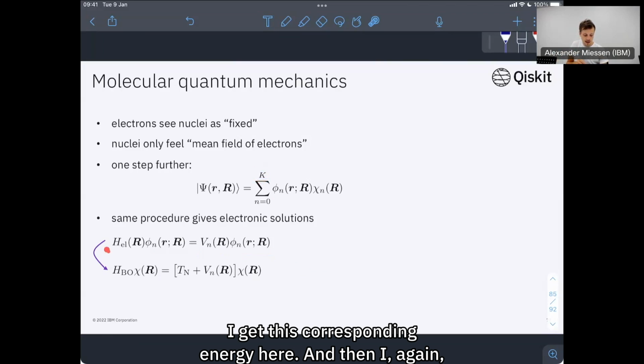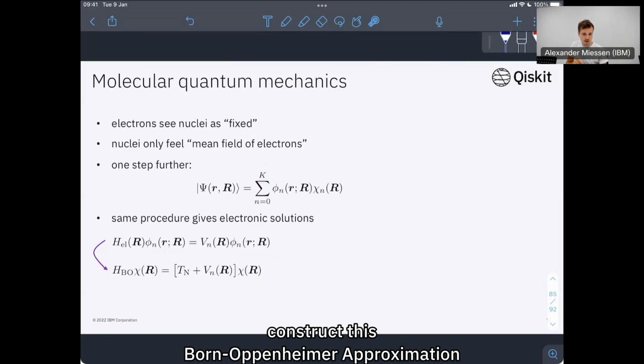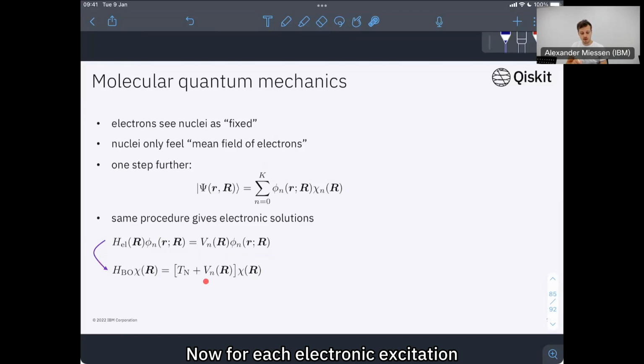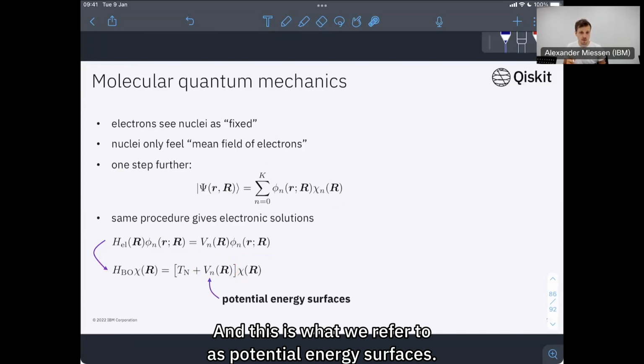And then I again construct this Born-Oppenheimer Hamiltonian, okay? Now, for each electronic excitation that I include in this expansion, I get a different potential term here in the nuclear problem, okay? And this is what we refer to as potential energy surfaces, yeah?